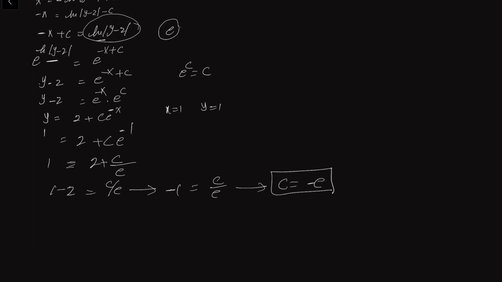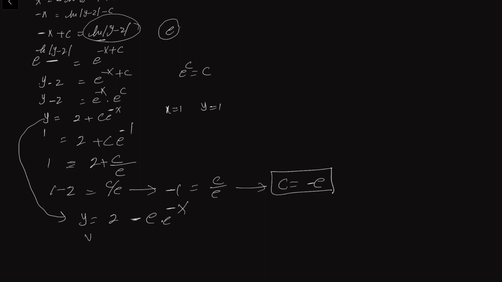Now let's substitute back into the equation for y. y equals 2 minus, since c is minus e, minus e times e to the negative x.